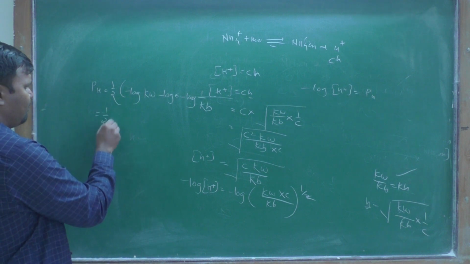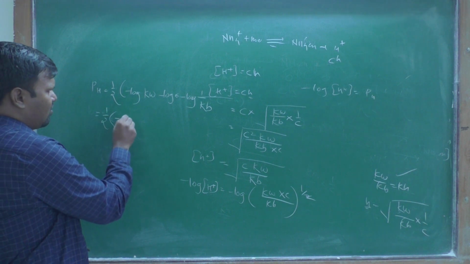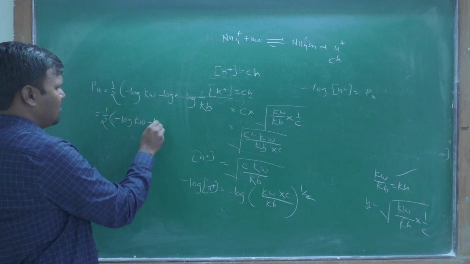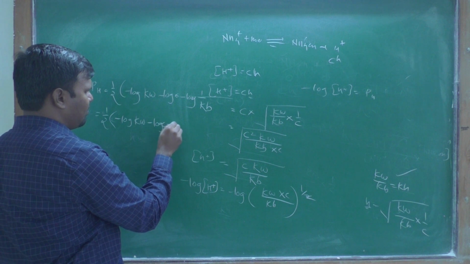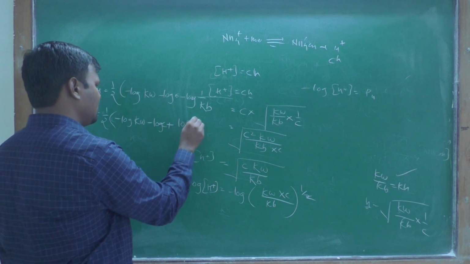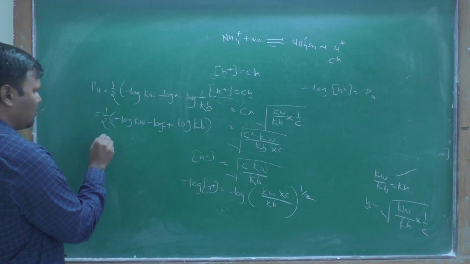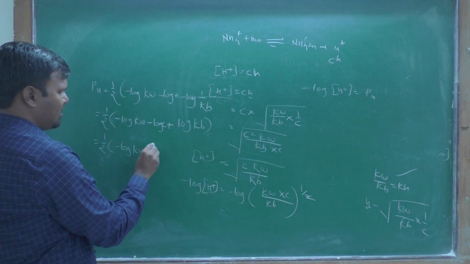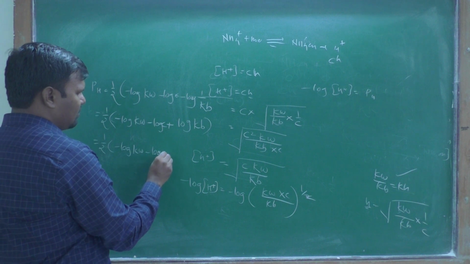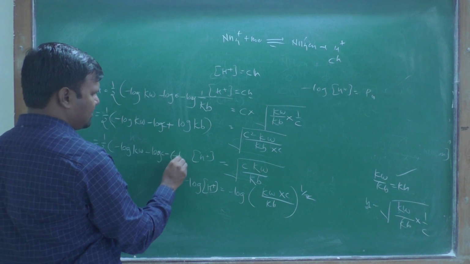Therefore, 1/2 minus log Kw minus log C plus log Kb. Therefore, 1/2 minus log Kw minus log C minus minus log Kb.